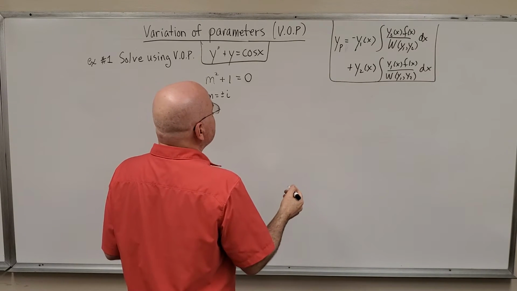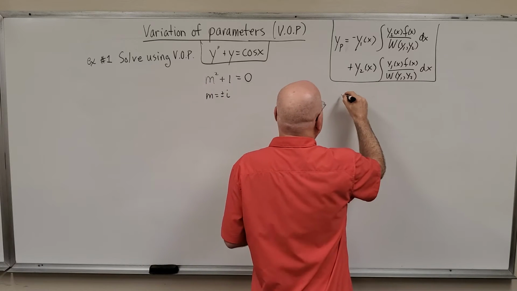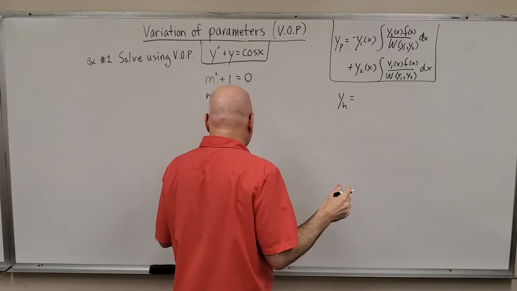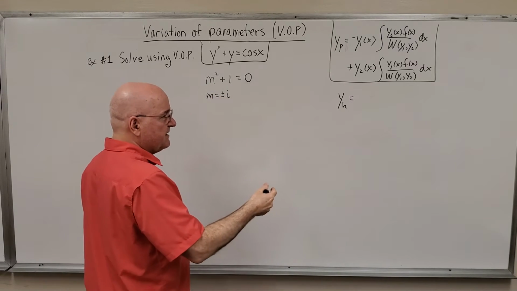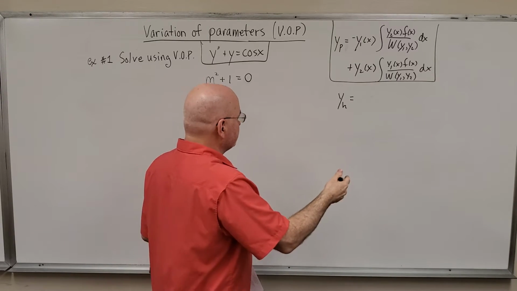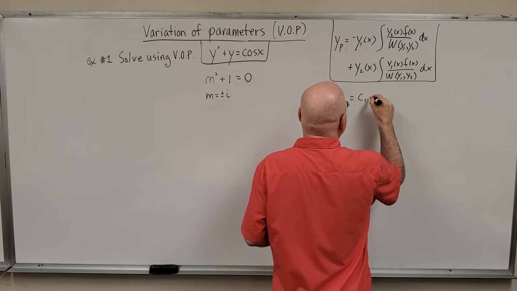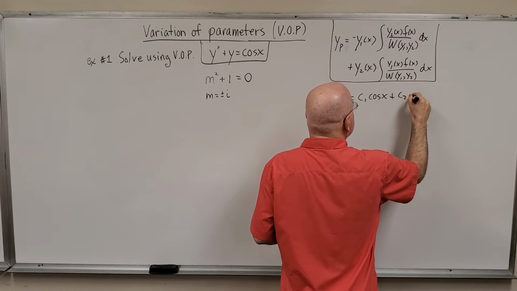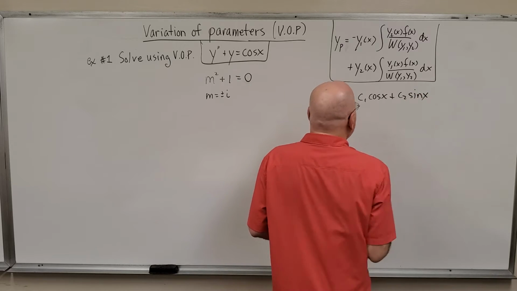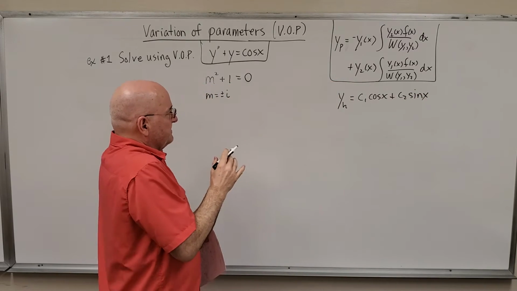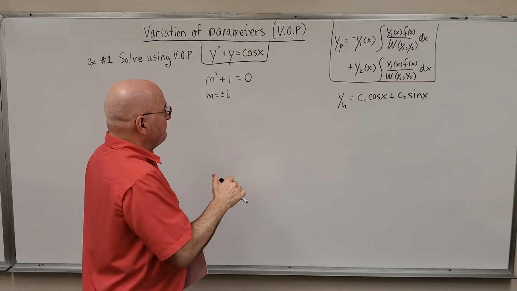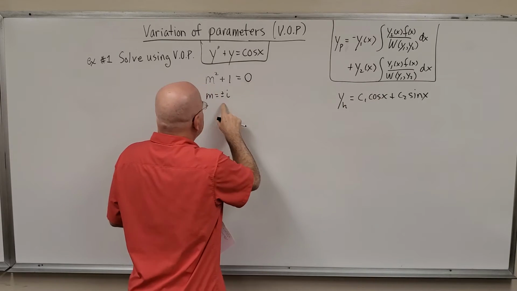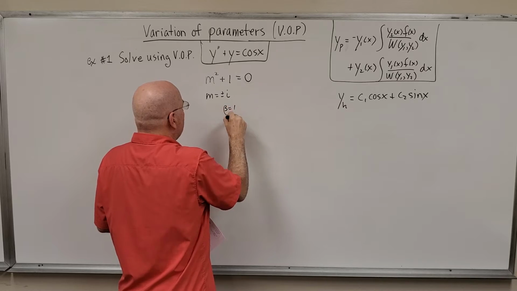So this tells us that, and I'm going to write this way over here, the homogeneous solution is going to be a constant times cosine of x plus a constant times sine of x. So c1 cos x plus c2 sine x. And one more time, let's talk about where that came from. It's cosine 1x, because beta is a 1.